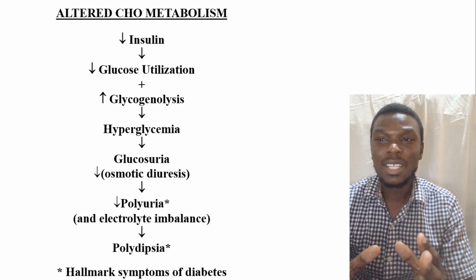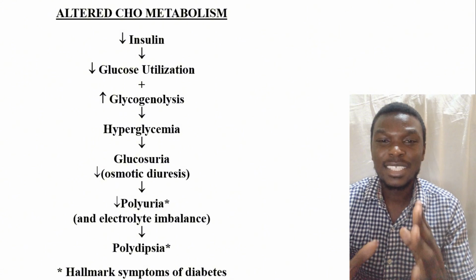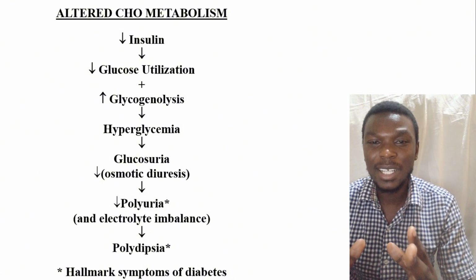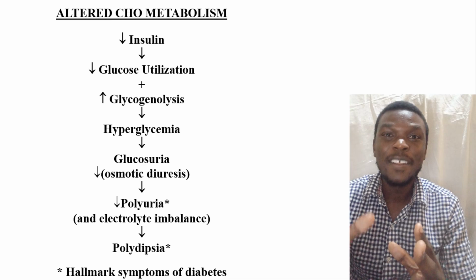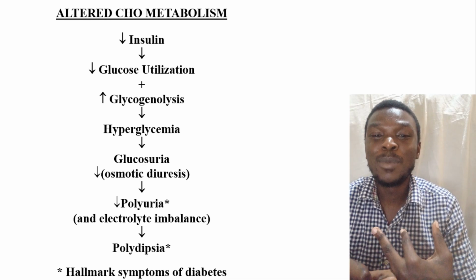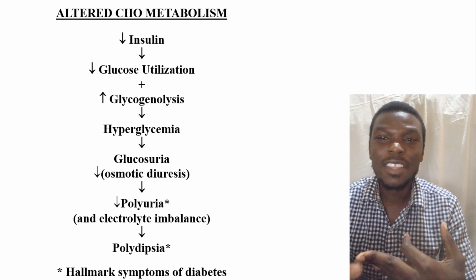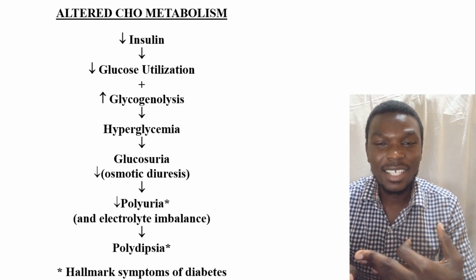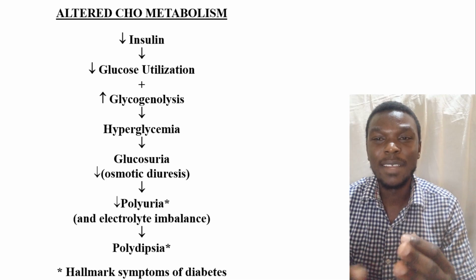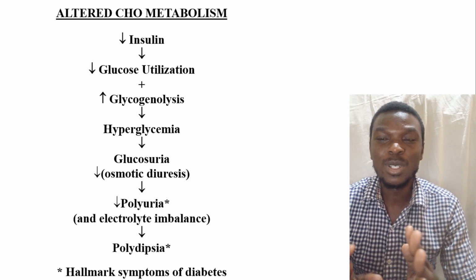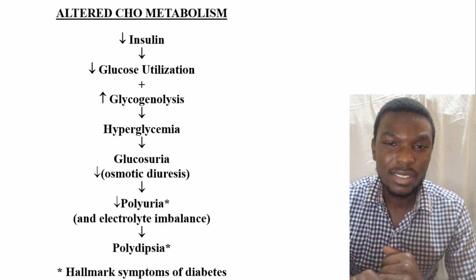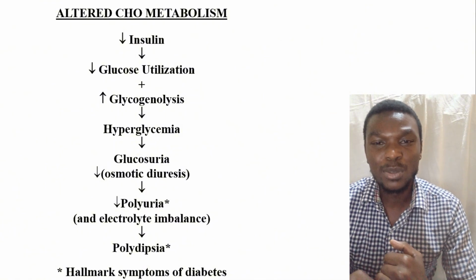Again, remember that the body thinks that there isn't enough energy, so these patients also start complaining of hunger and thirst. Everything starts going south because of insulin. So the problem with diabetes is insulin.